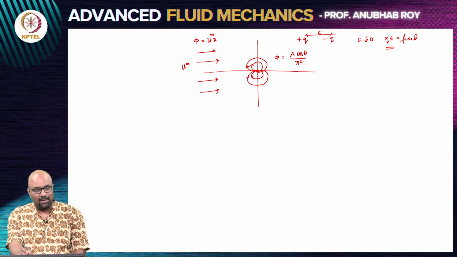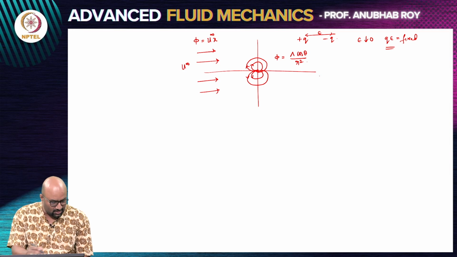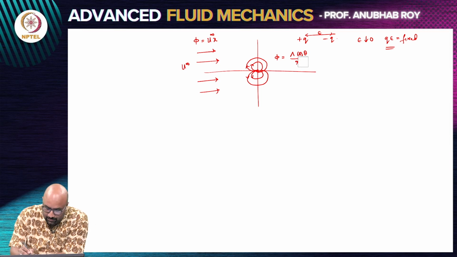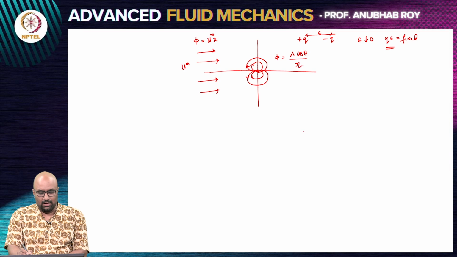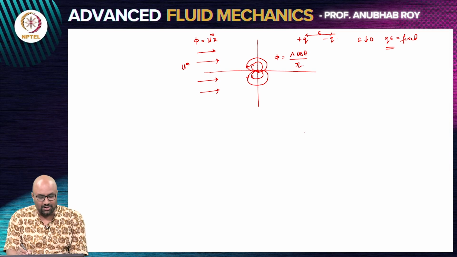So, you have a uniform flow which is u infinity x, and you have a potential dipole that is lambda cos theta by r.